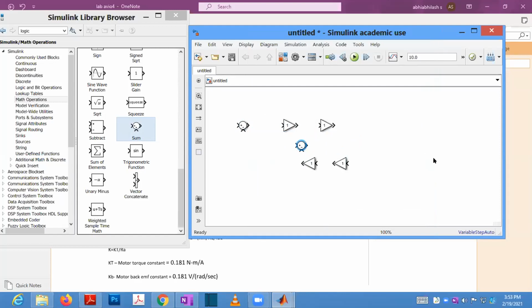You will get the copy. So all of you open Simulink, 4 gain blocks and 2 summers, you will get them in math operations. So all of you have opened Simulink now. Yeah.